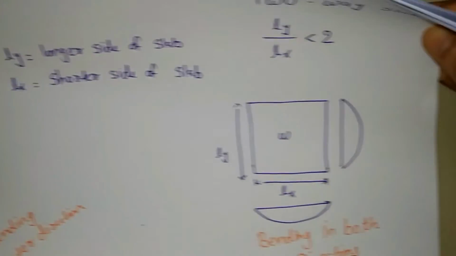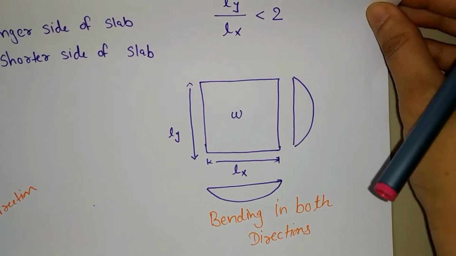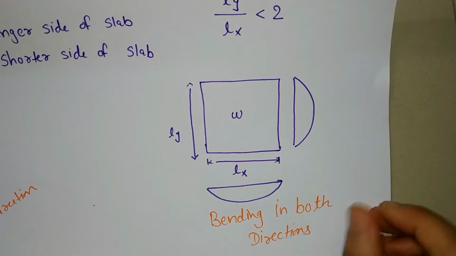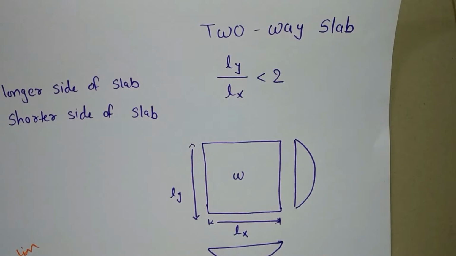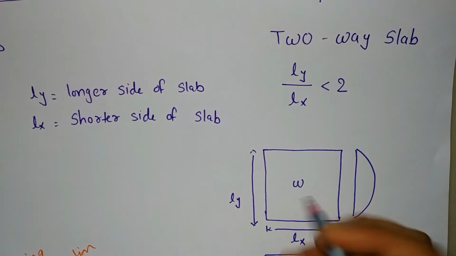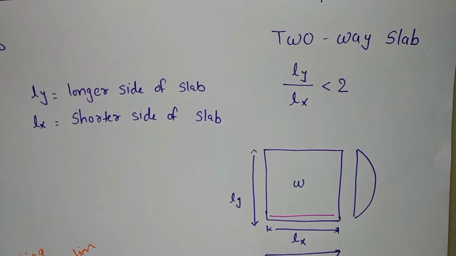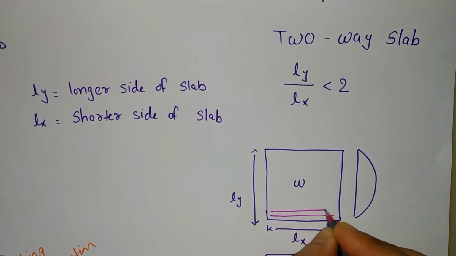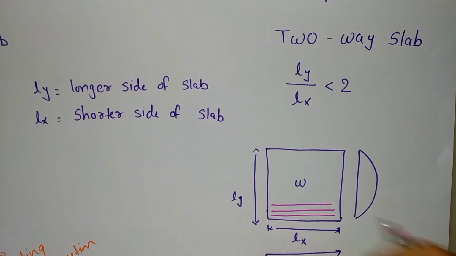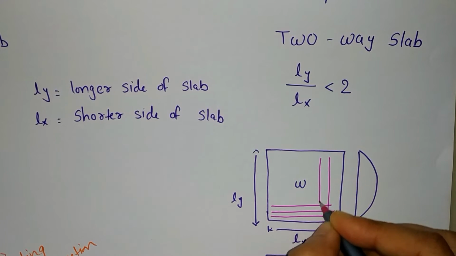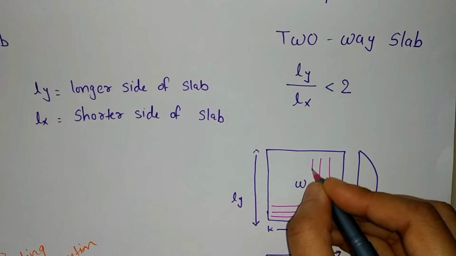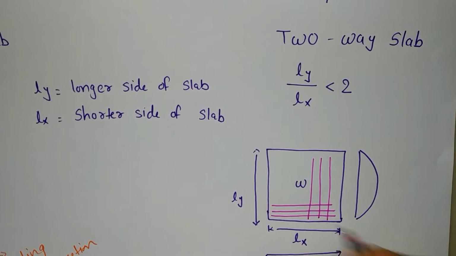Okay, but in a two-way slab, as our bending will be in both directions, we'll provide our main reinforcement along both directions. Okay, if I am considering this as my main reinforcement, so here both reinforcements will be considered main reinforcement. Okay.